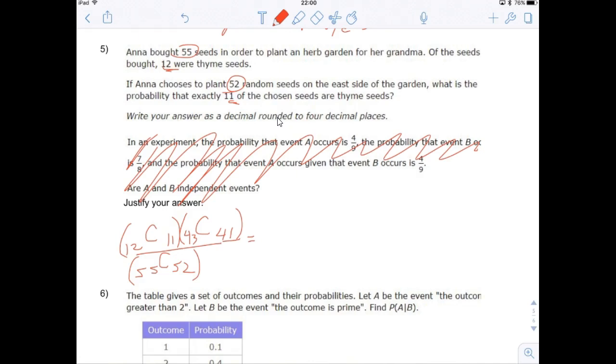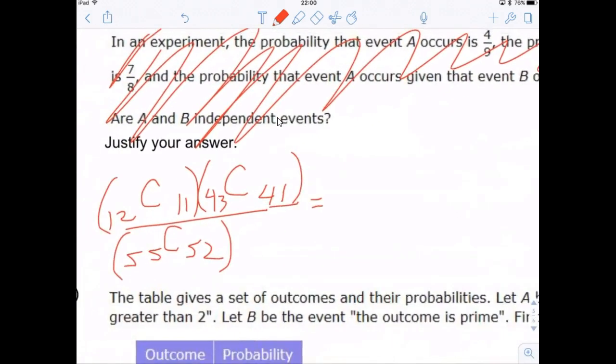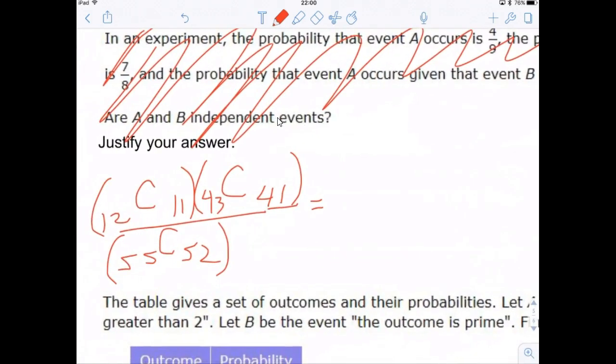And we can write each one of these as a factorial.